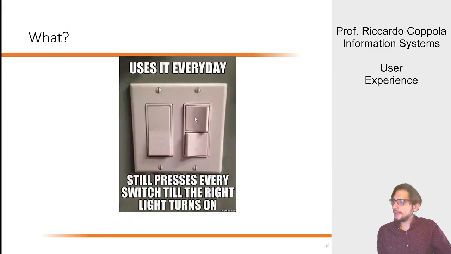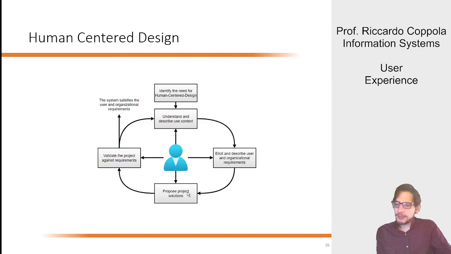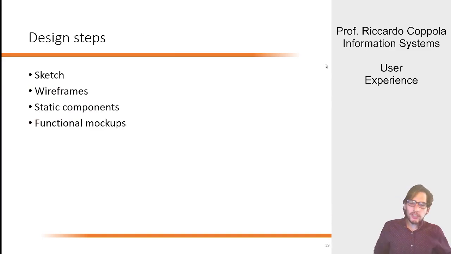We have seen that in the human-centered design you typically create a prototype so that you can validate the project against the original requirements. In general, this prototype can be done in different steps. So at the very beginning I can create a sketch, then I can move to something more complicated which is called a wireframe.